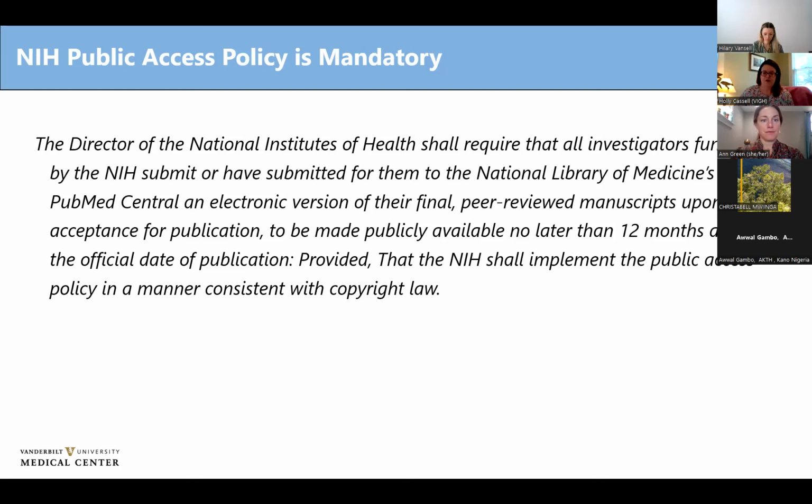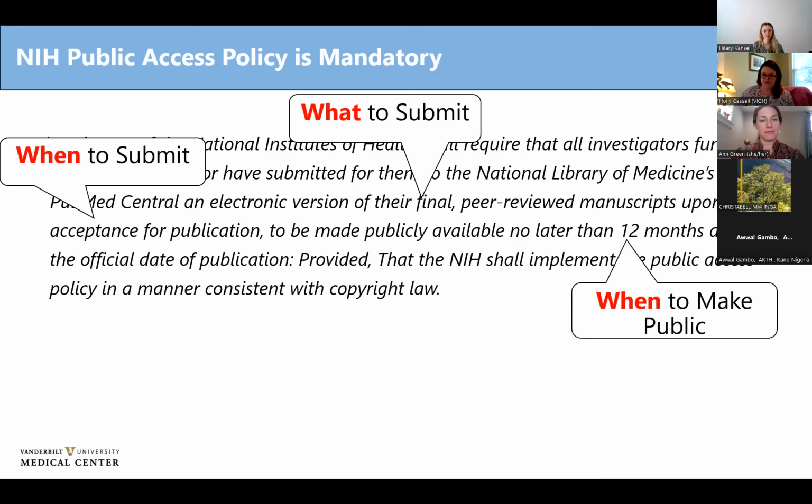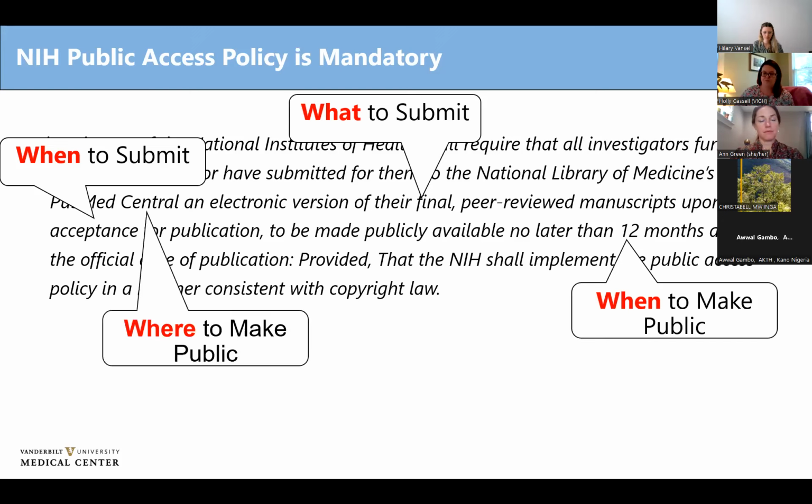It shares what to submit, the final peer-reviewed manuscript, when to submit, upon acceptance for publication, when to make public, no later than 12 months after the official date of publication, and where to make public: the National Library of Medicine, PubMed Central, also known as PMC.